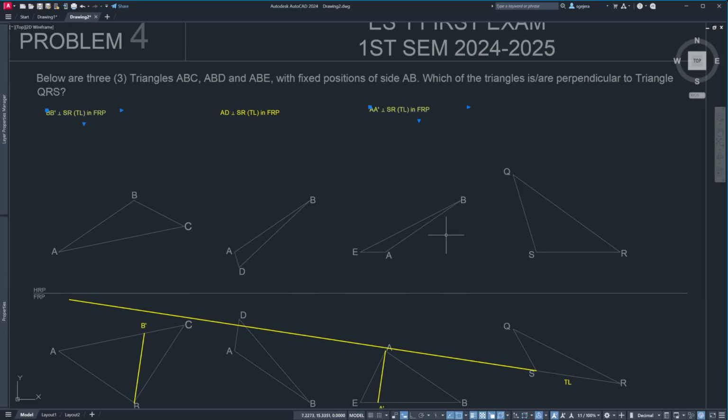And the reason being, kasi in-explain natin kanina, if a line is truly perpendicular to a given plane, then it is truly perpendicular to all of the lines contained in QRS. Okay?